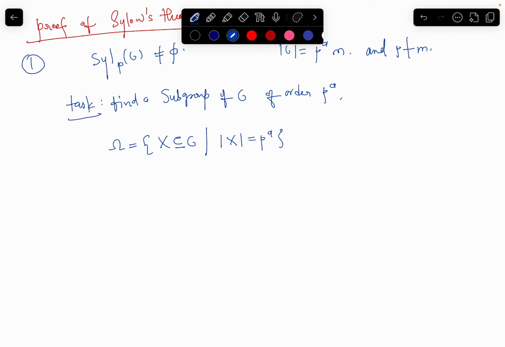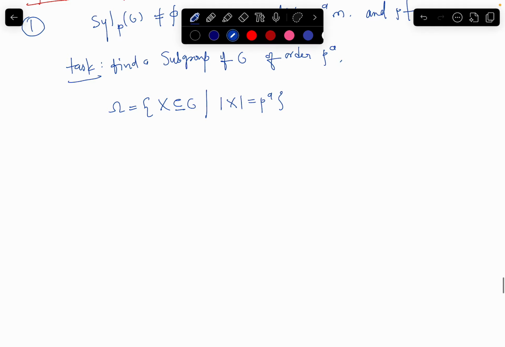So this is a set, and there is an action of G on this set via the following: you take an element of G and a set, and we can do the left multiplication.